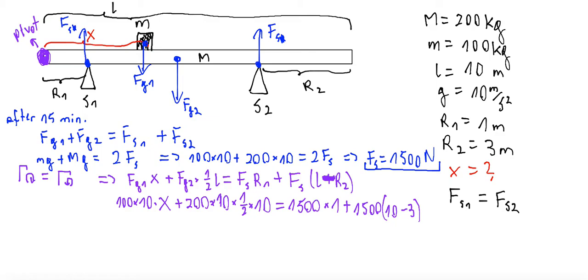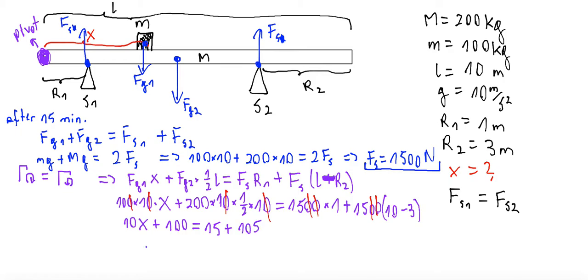Okay, so we have an equation with one unknown. At the beginning I can cross out two zeros, so 2 zeros here, 2 zeros here, 2 zeros here, and 2 zeros here. Okay, so finally we have 10x plus 200 times half gives 100, is equal to 15 times 1 gives 15 plus 15 times 7 gives 105.